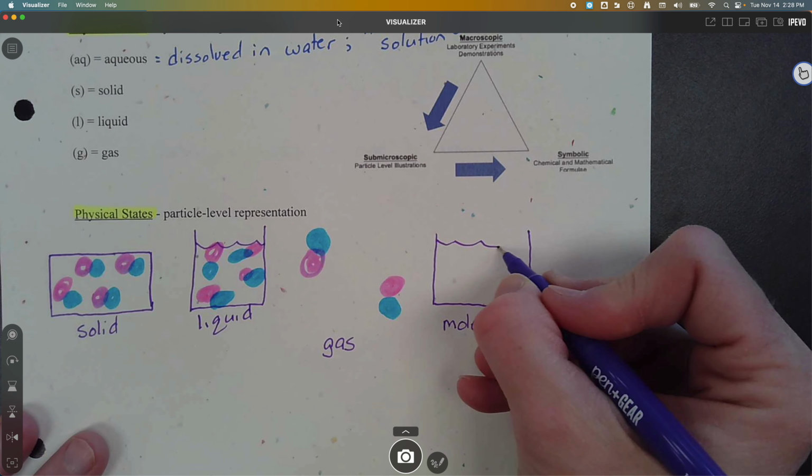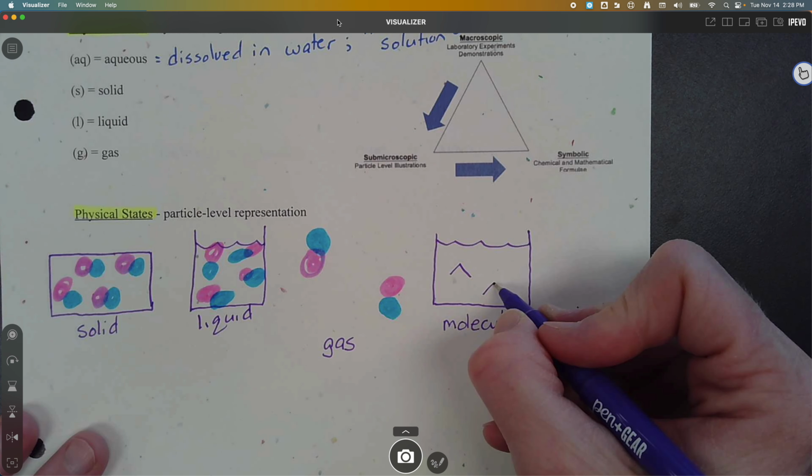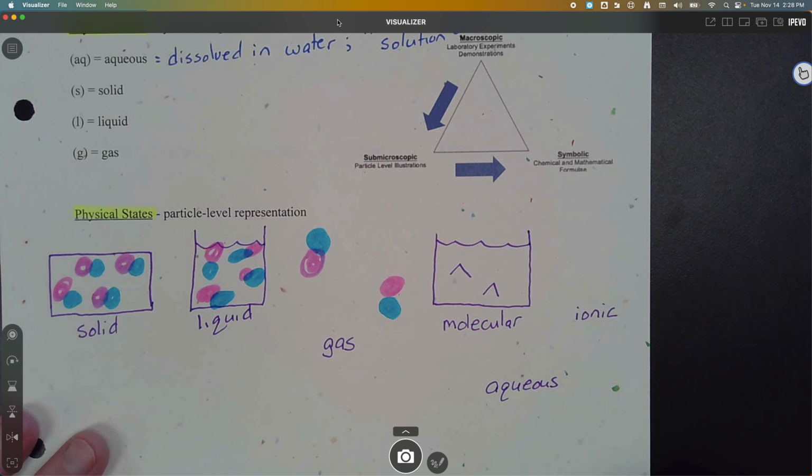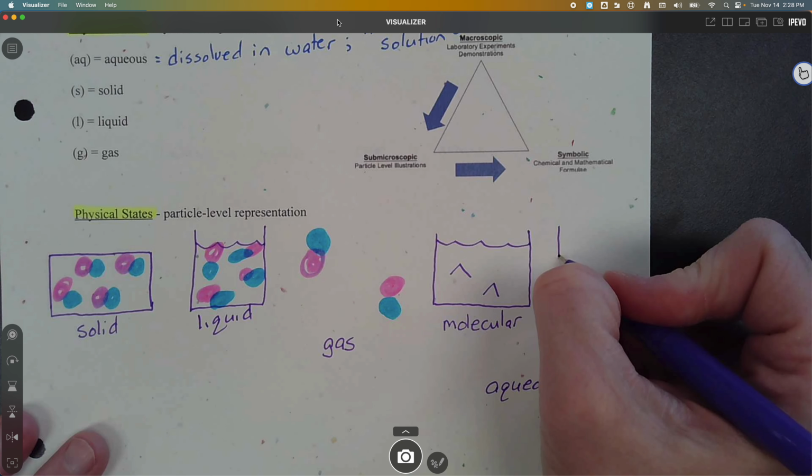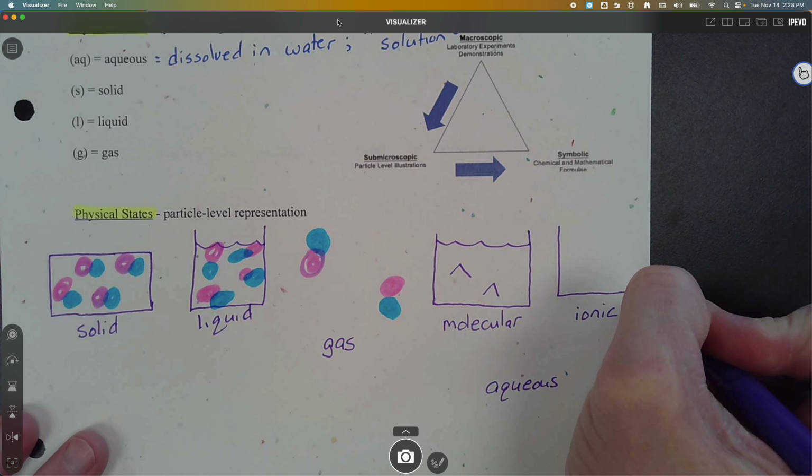So aqueous means it's been dissolved in water. So remember, those little arrow things are representing our water molecules.